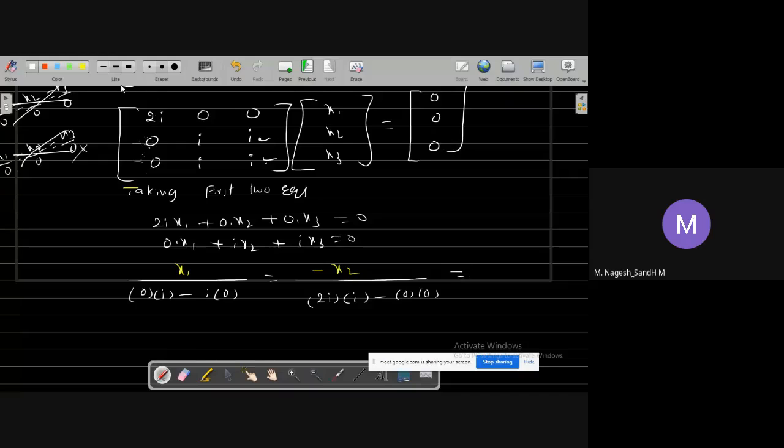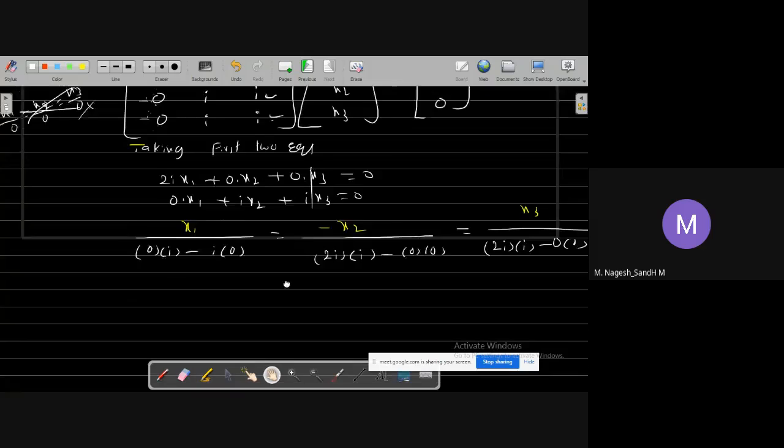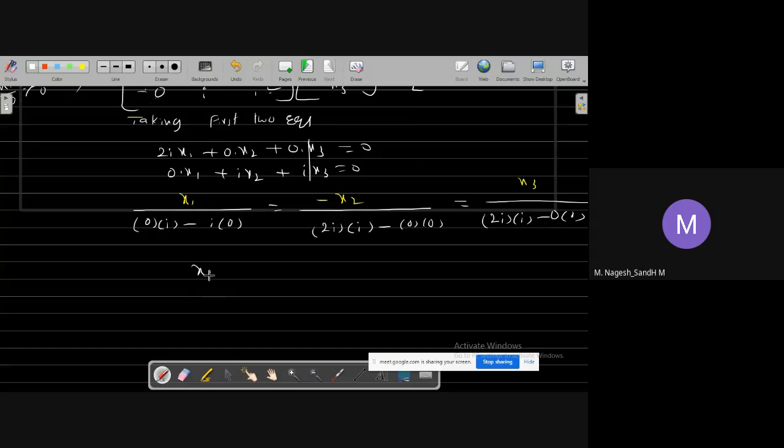Next x3 by 2i into i minus 0 into 0. Therefore x1 by 0.